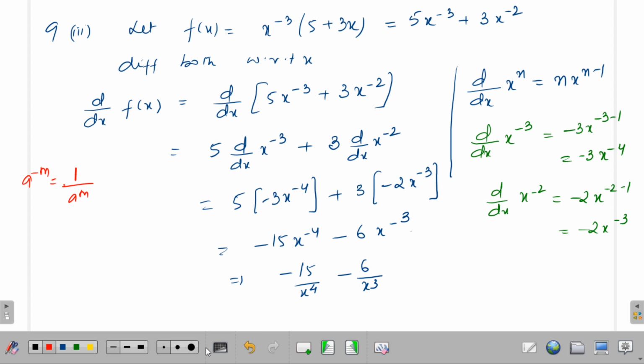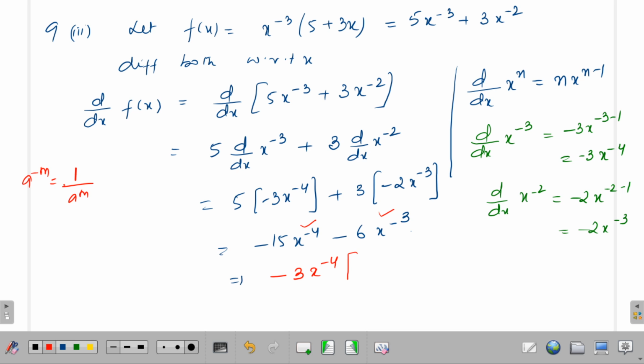Before I go with the next step, let me just take the common, I think that will be better. So if I take the common, from 6 and 15, I can take minus 3 common. And similarly, between x to the power minus 4 and x to the power minus 3, minus 4 is smaller, so I can take the smaller one common.